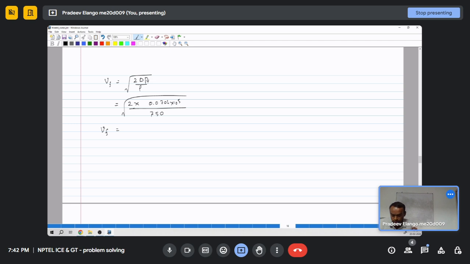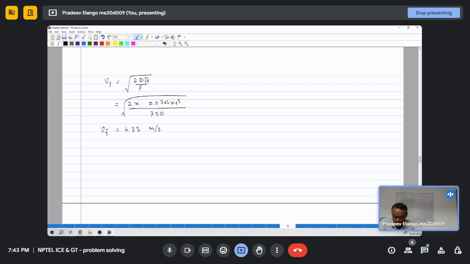Can you calculate the velocity of the fuel? 4.33. What is the unit? Meters per second. Okay, meter per second.